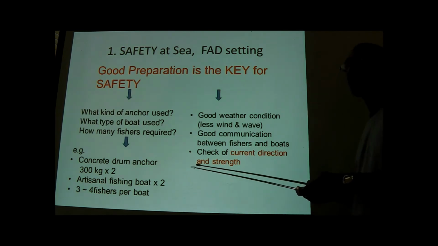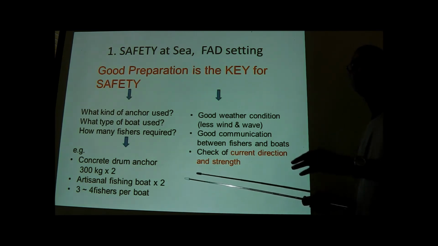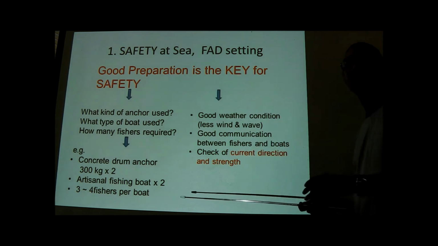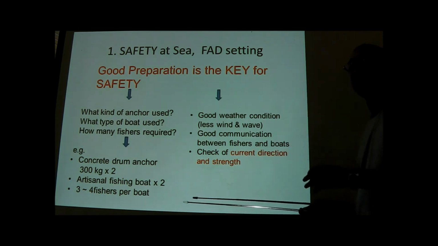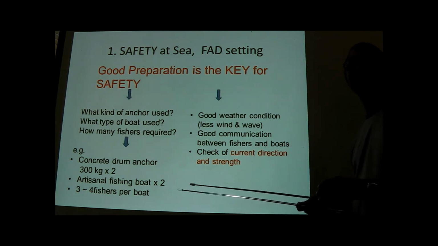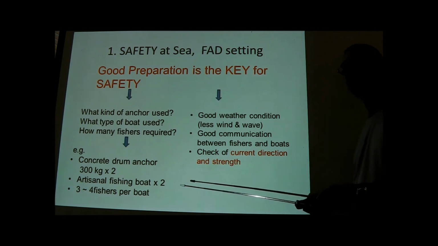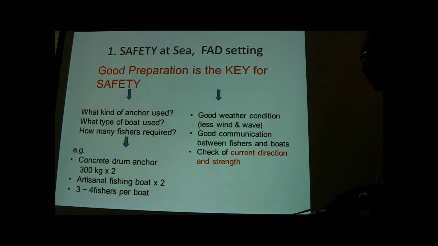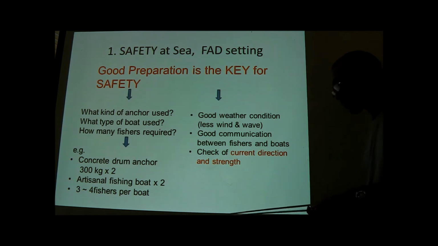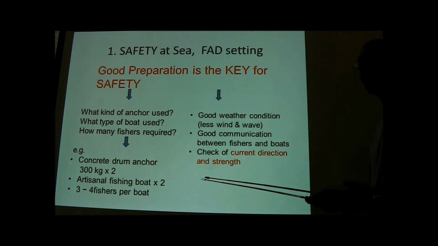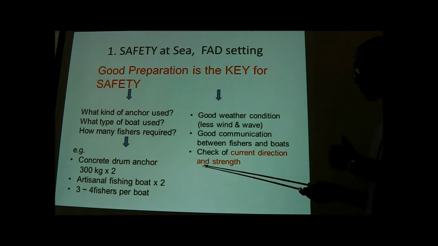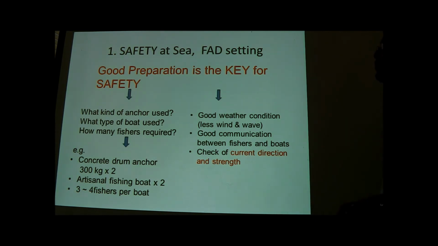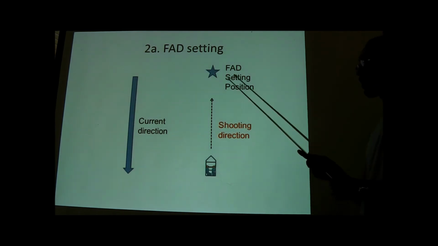They need to have proper communication so that the boat with the anchor does not deploy while portions of the head are still attached to the other boat. And the third point is the check of the current direction and strength. Further, we will explain that, but this is very critical.